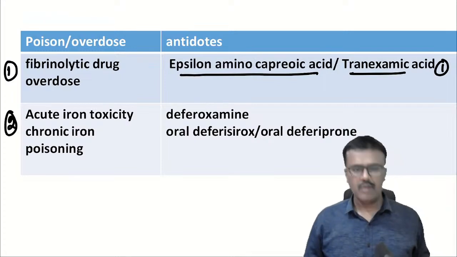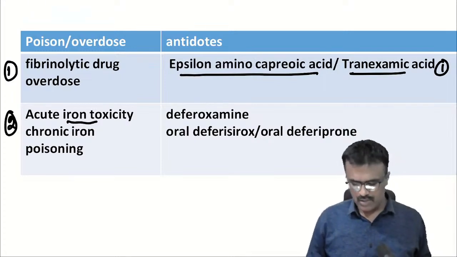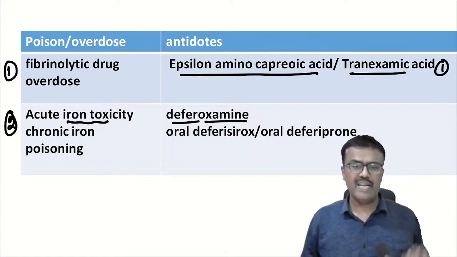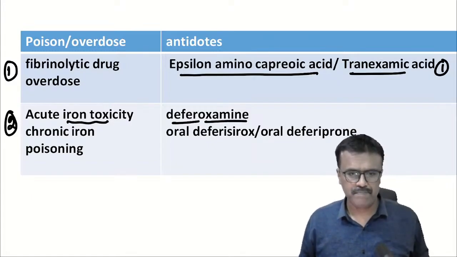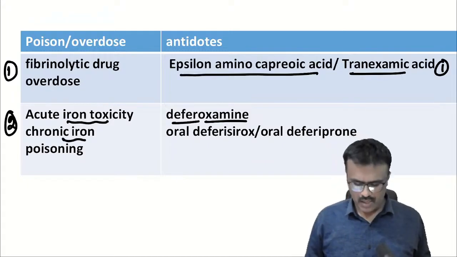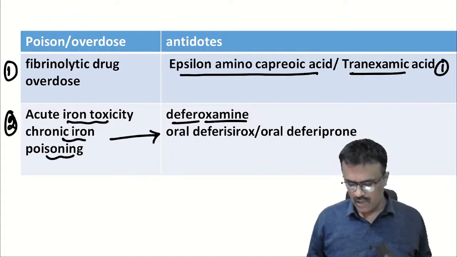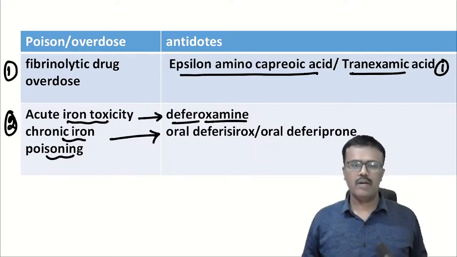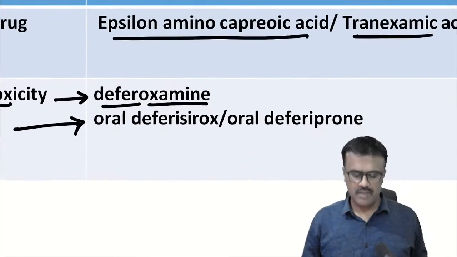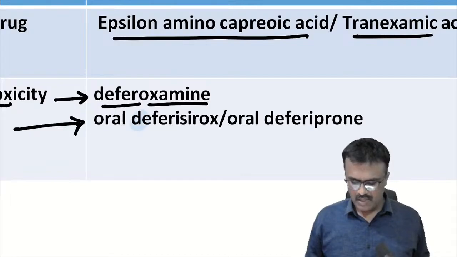Second, iron overdose. Acute iron toxicity, we use a drug called deferoxamine or desferoxamine. Both are same. But if it is chronic iron poisoning, then we give oral drug. Oral drugs, remember they start with defer. Fer means iron, they remove the iron, defer.